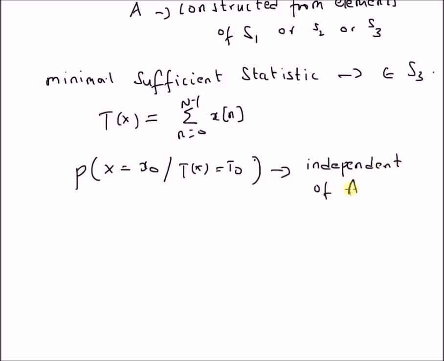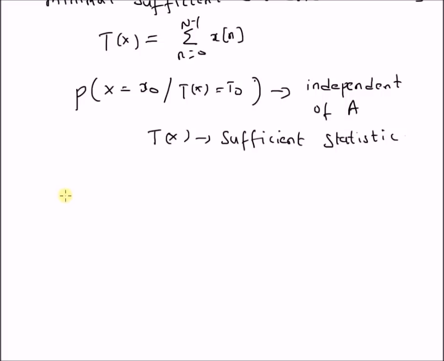of A if t of x is a sufficient statistic. In other words, once we have t of x, which is a sufficient statistic, then the distribution of any new data point should be independent of the parameter A. Graphically, we can illustrate this concept as follows.